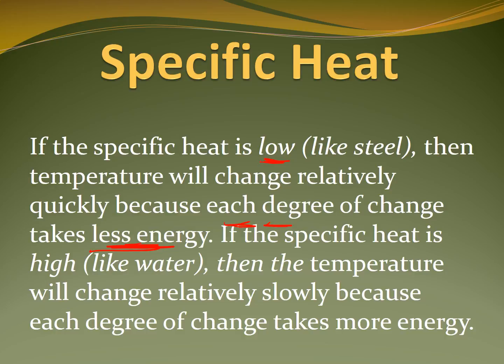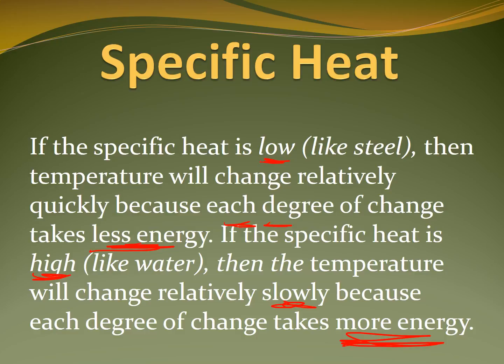Right? So it takes less energy to increase the temperature of steel, as opposed to if the specific heat is high, like water, then the temperature will change relatively slow because it takes more energy. Okay, and the way I remember this for water, I just remember water has a high specific heat, and you really want water to have a high specific heat because this means that, for example, if you're in the ocean and all of a sudden there's a temperature change, maybe 5-10 degrees, you don't want water to feel so hot in the ocean that you can't swim anymore.